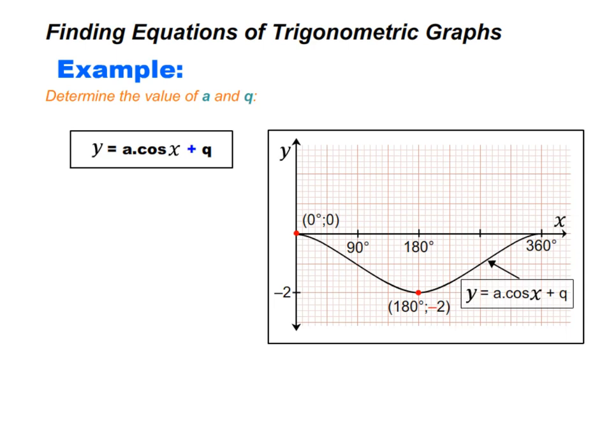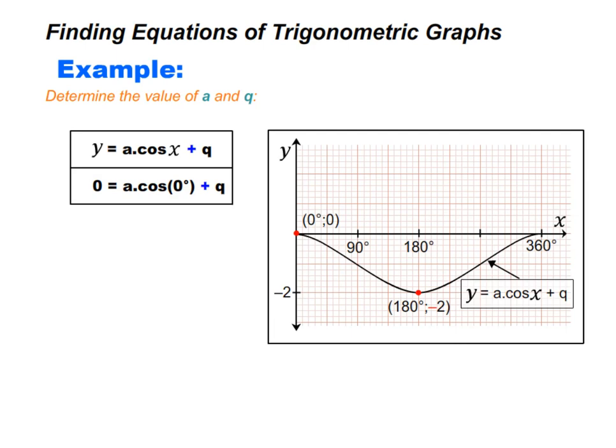So in the equation, we are going to put 0 degrees in the place of x, and we are going to put 0 in the place of y. So far we have 0 is equal to a multiplied by cos 0 degrees plus q.